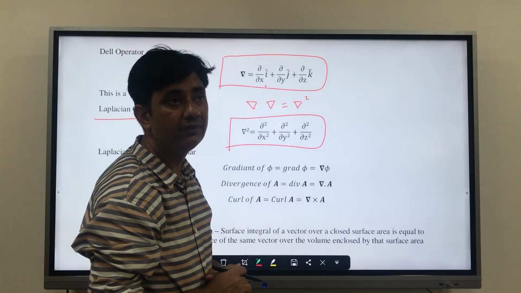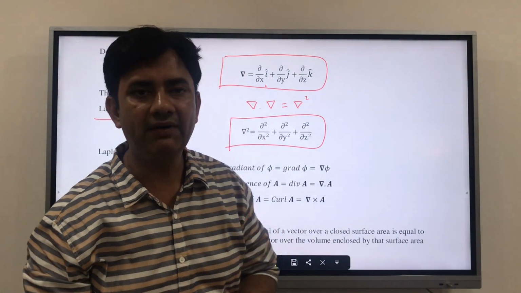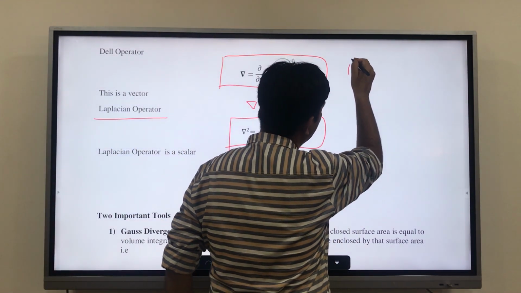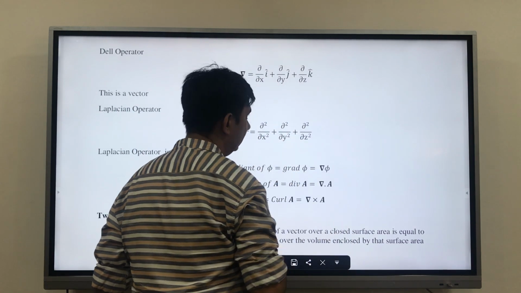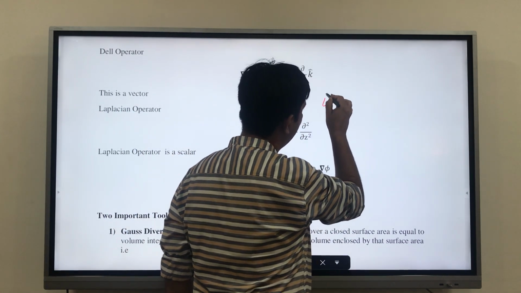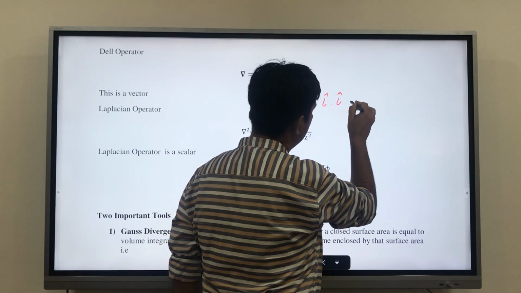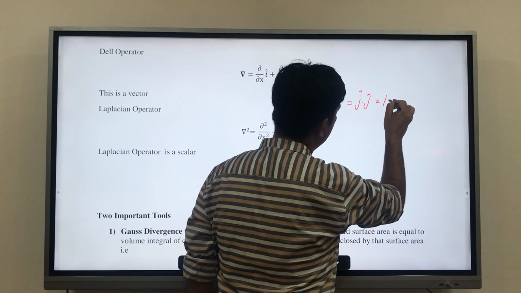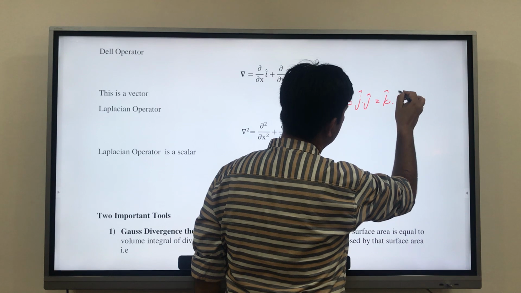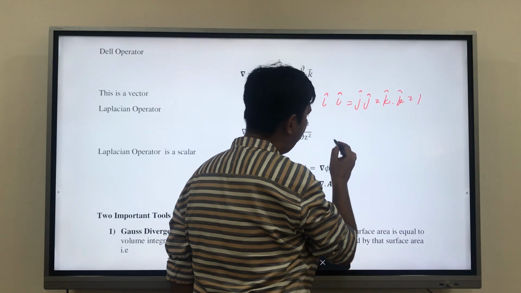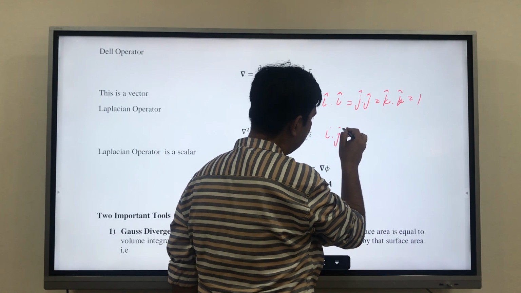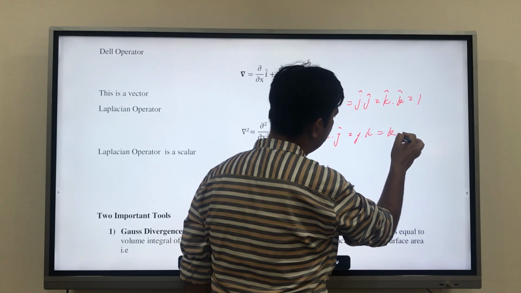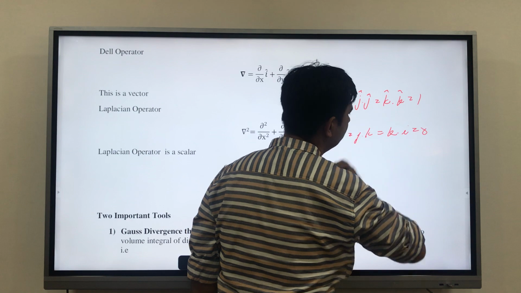As we understand from our knowledge of the dot product, in the dot operator i cap dot i cap, j cap dot j cap, k cap dot k cap is equal to 1, but i dot j, j dot k, k dot i are all 0.